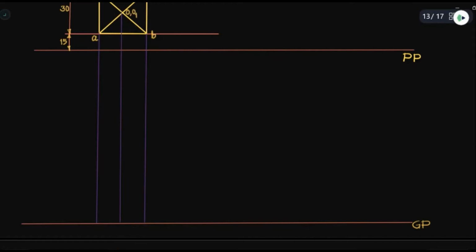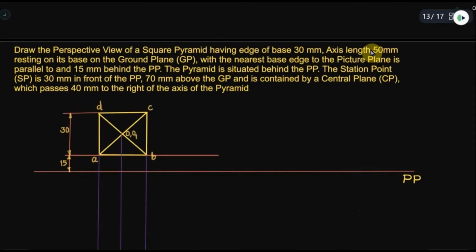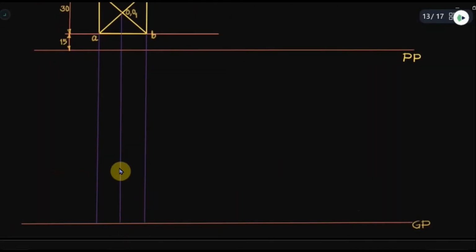And now what we do is, we will mark the axis and the other edges also. See, the height of the square pyramid, that is 50 mm, the axis length is 50 mm. So on this we are supposed to mark 50 mm now. Let's say up to here, this is 50 mm. And we will give the dimension also.